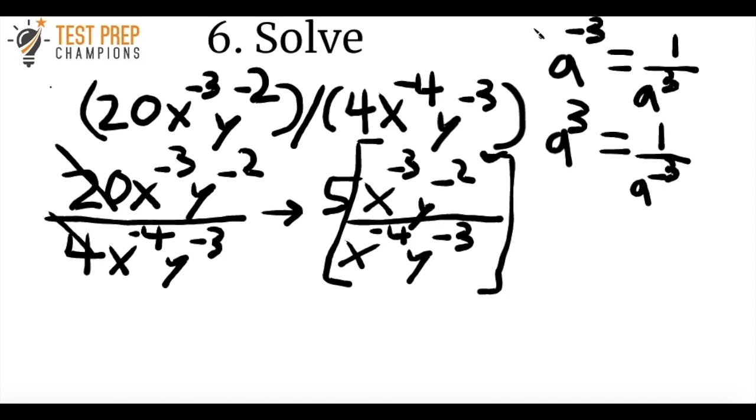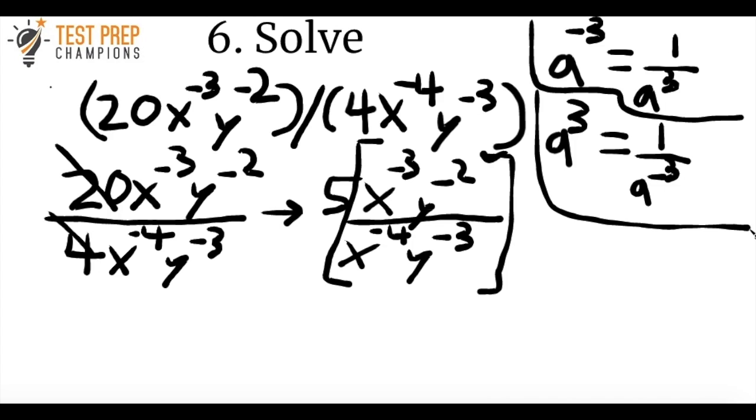So hopefully you've got these two rules here. A raised to the negative 3 is the same as 1 over a raised to the positive 3, and a raised to the positive 3 is the same as 1 divided by a raised to the negative 3.